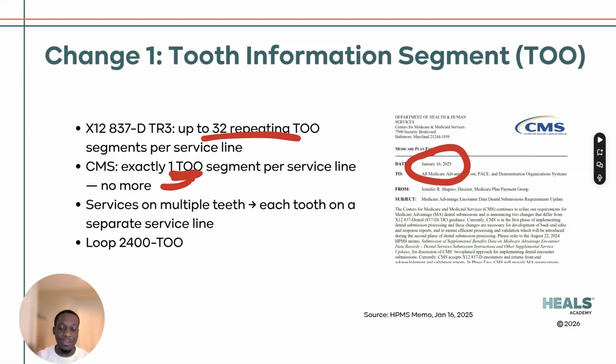And that is the first break from the regular TR3 X12 standard. So if there are multiple teeth, it needs to be on multiple lines, because that is what CMS says will be efficient in processing Medicare Advantage encounter data as part of their main encounter data process.